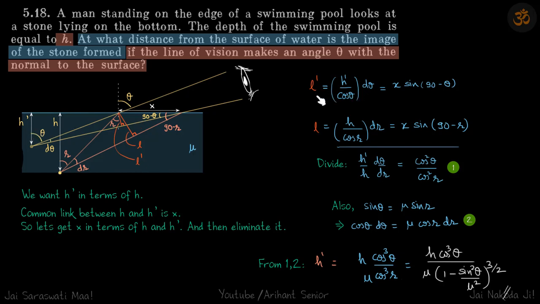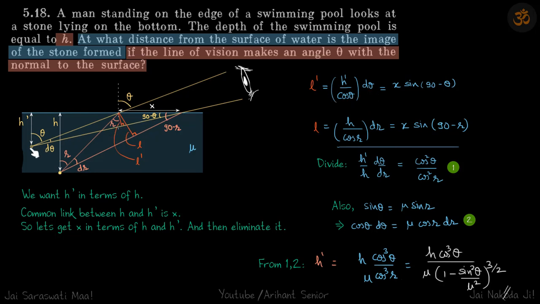So let's do that. L dash, this small perpendicular, is equal to h dash by cos theta times d theta. This length is h dash by cos theta, this is theta, and this angle is very small. So this times d theta is the length of the perpendicular, that is L dash. So L dash is equal to h dash by cos theta into d theta.